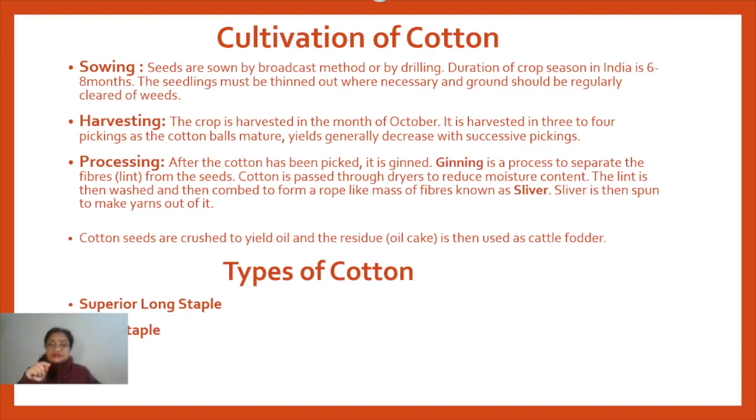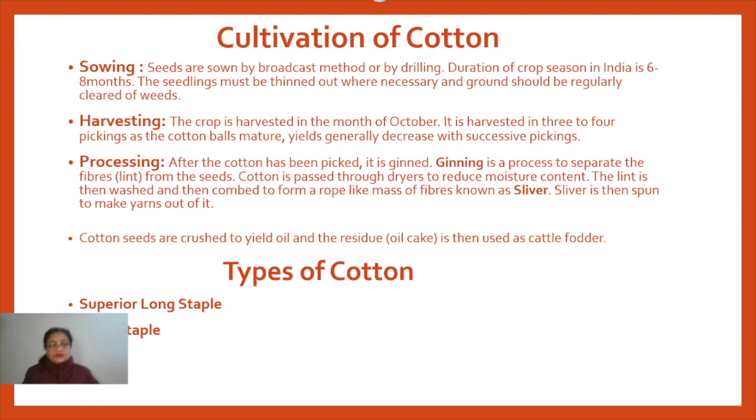Because in this crop, we need to harvest the cotton balls first. Once, twice, thrice, this way we are going to do it. Suppose 3 or 4 pickings have been collected, after that you will find the total production of the cotton balls decreased. So this is a part of harvesting.